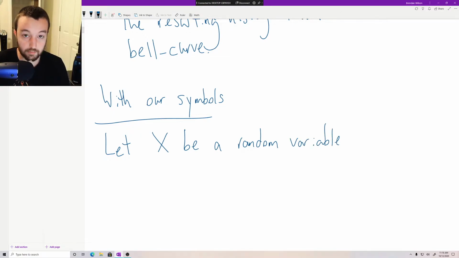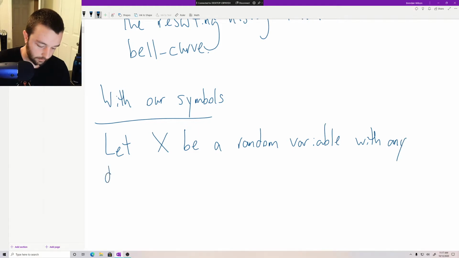Remember, this just means that it's a variable that has some kind of probability associated with it, with any distribution. So we don't know what the distribution of x is.